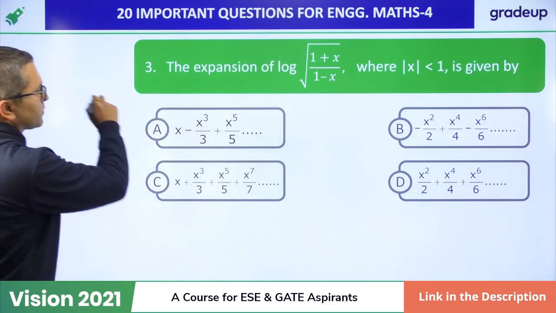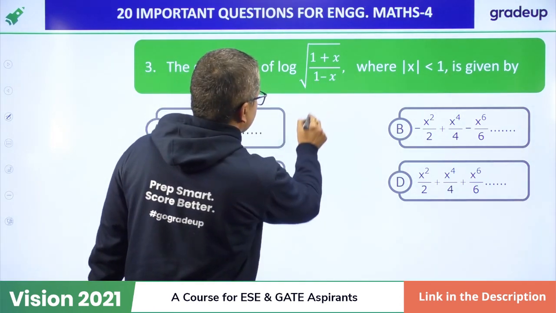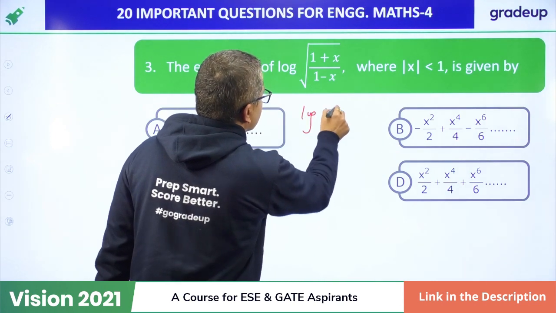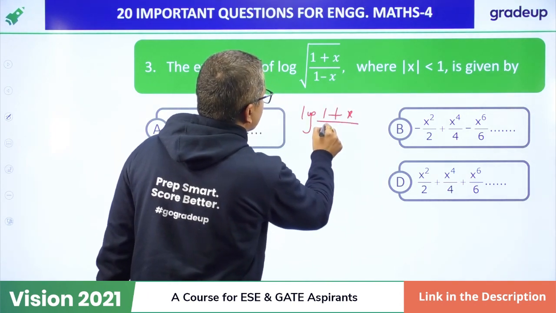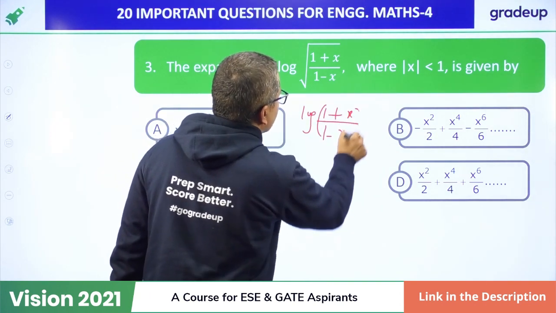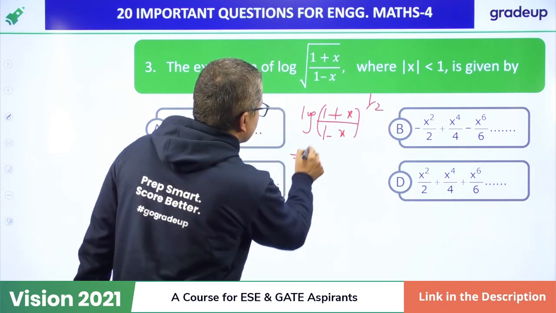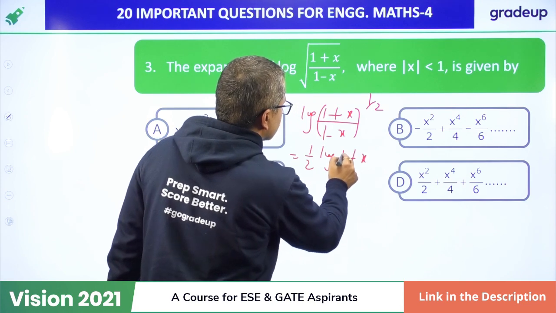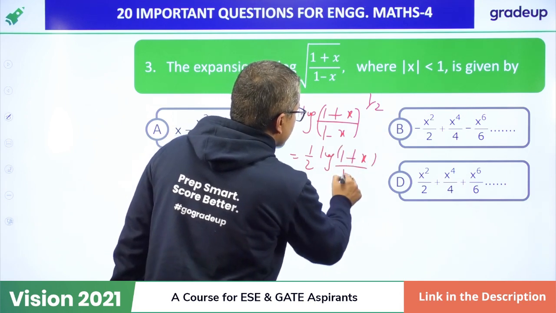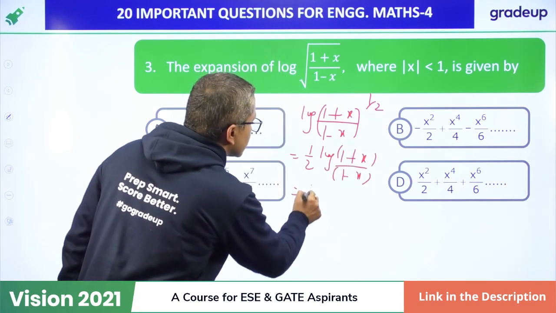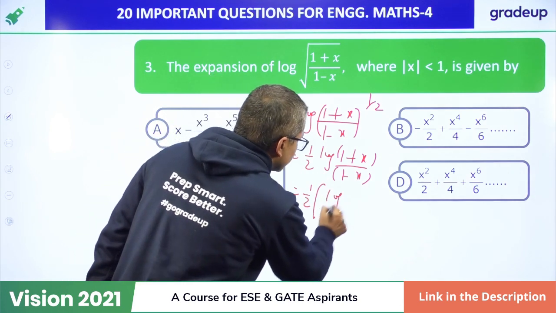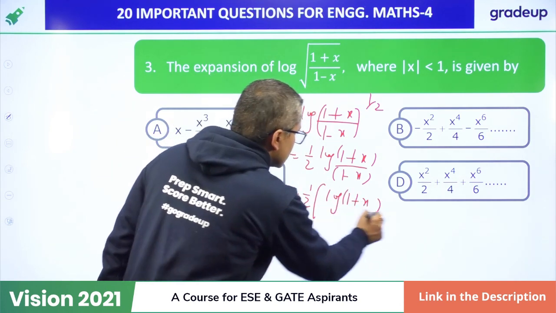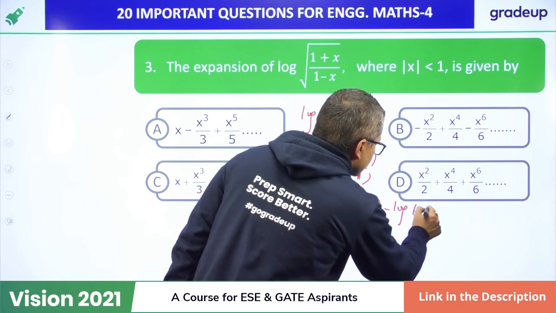Now let me break it down over here. I can write it something like this. Log of 1 plus x upon 1 minus x to the power 1 upon 2. That is nothing but half of log 1 plus x upon 1 minus x. So this is nothing but half of log 1 plus x minus log of 1 minus x.